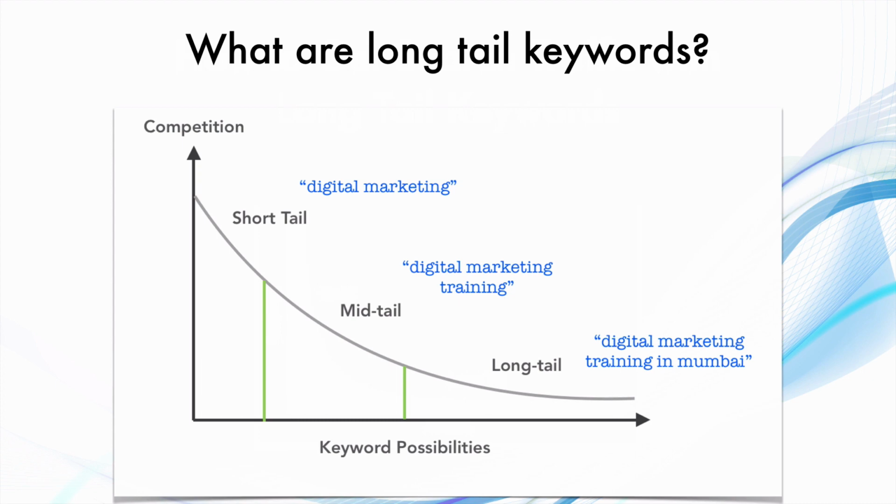It is easier to rank for long tail keywords such as digital marketing training in Mumbai because the amount of competition for this particular keyword will be less. The problem is that the search volume will also be less, but the quality will be more and you will be able to rank easier. In today's video, I will show you a case study from my own blog where I was able to tap into high quality search traffic using long tail keywords.